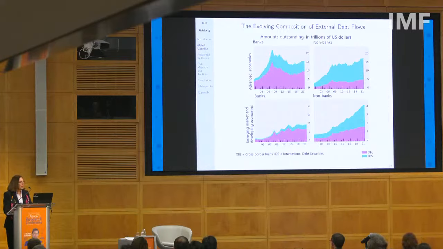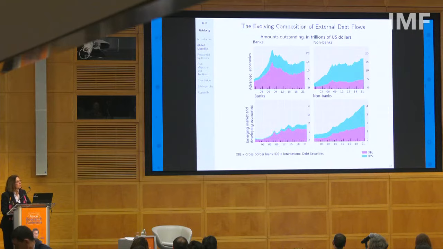We separate the banks as borrowers on the left from the non-banks as borrowers on the right. Red blocks show outstanding cross-border loans. Blue blocks show outstanding international debt securities. While banks have experienced moderate shifts in funding sources, non-banks have tilted sharply towards market-based finance. So focus your attention on the left panels, which depict how bank borrowers are financed internationally.